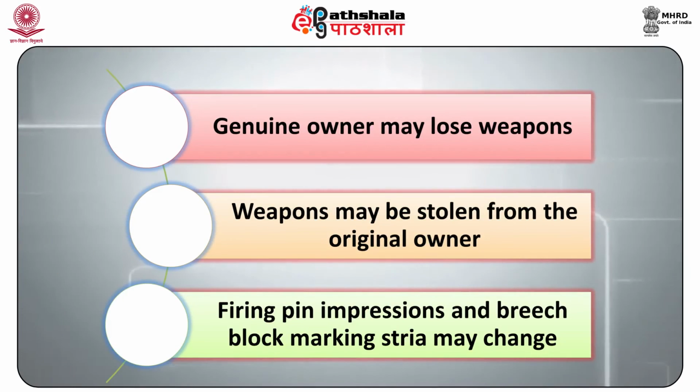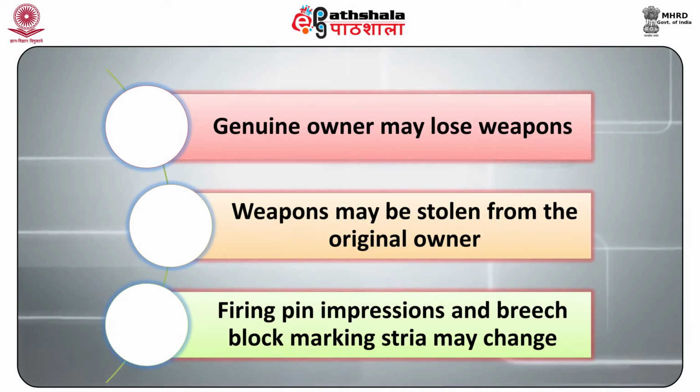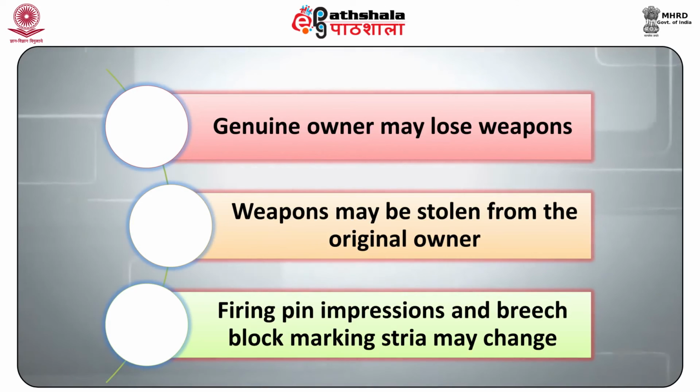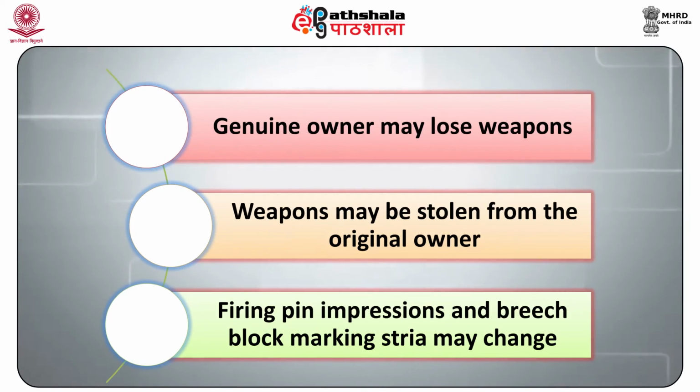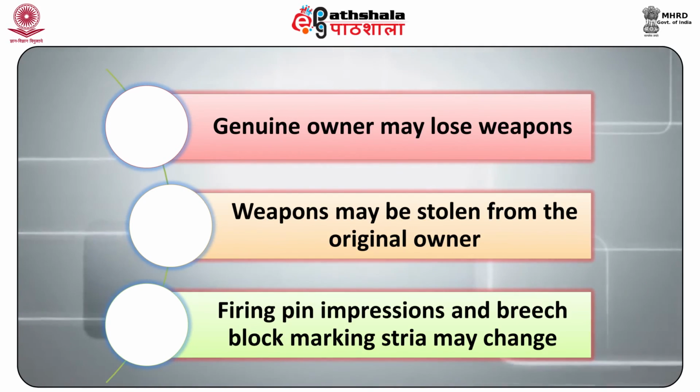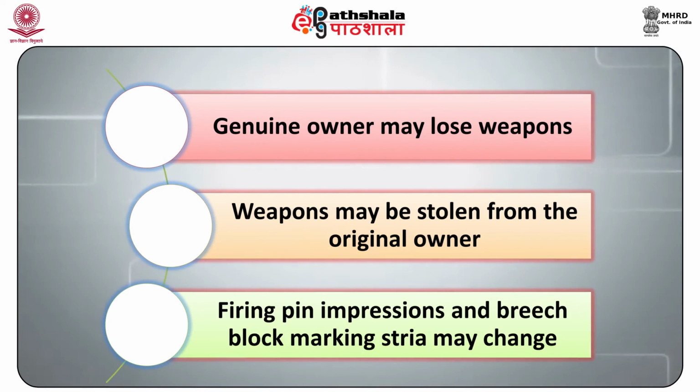The genuine owner may lose the weapon. Weapons may be stolen from the original owner. In case of firing of several rounds within a short time, firing pin impressions and breech block markings, like bullet striations, may change enough so that they can no longer be matched to a test-fire cartridge.